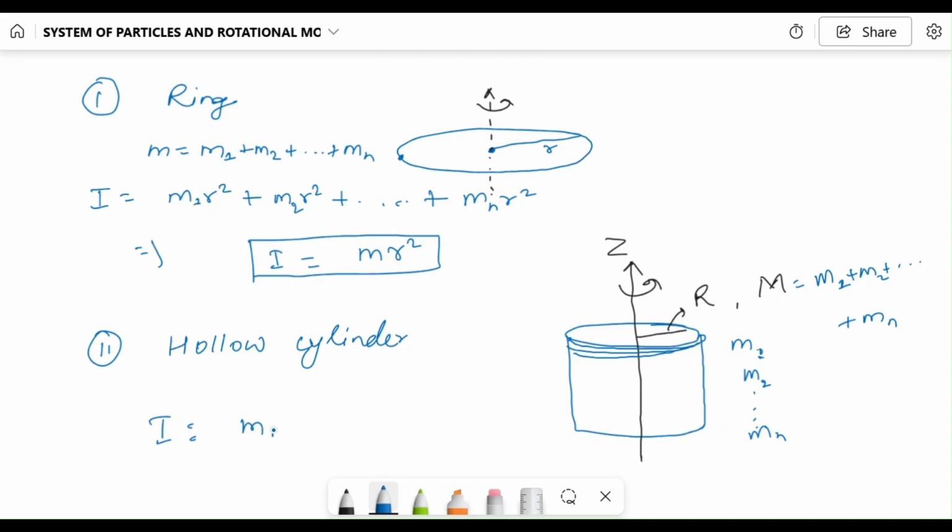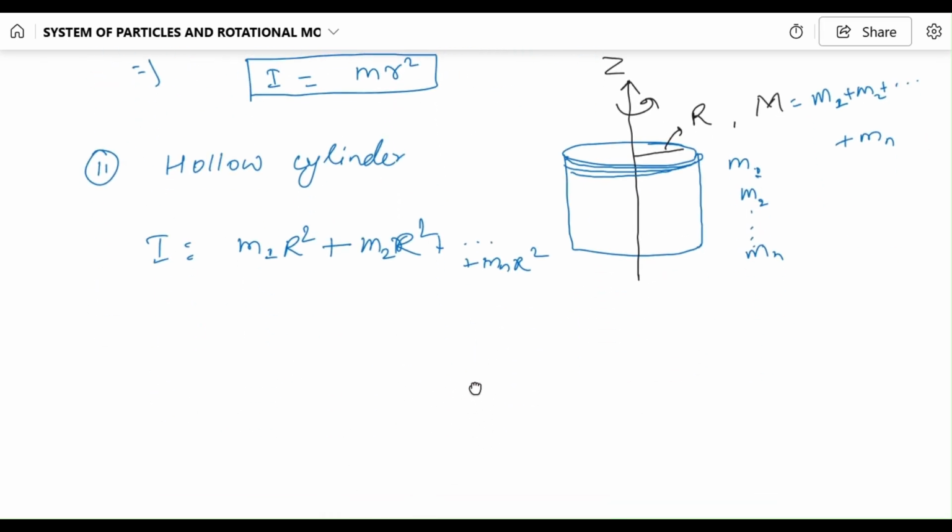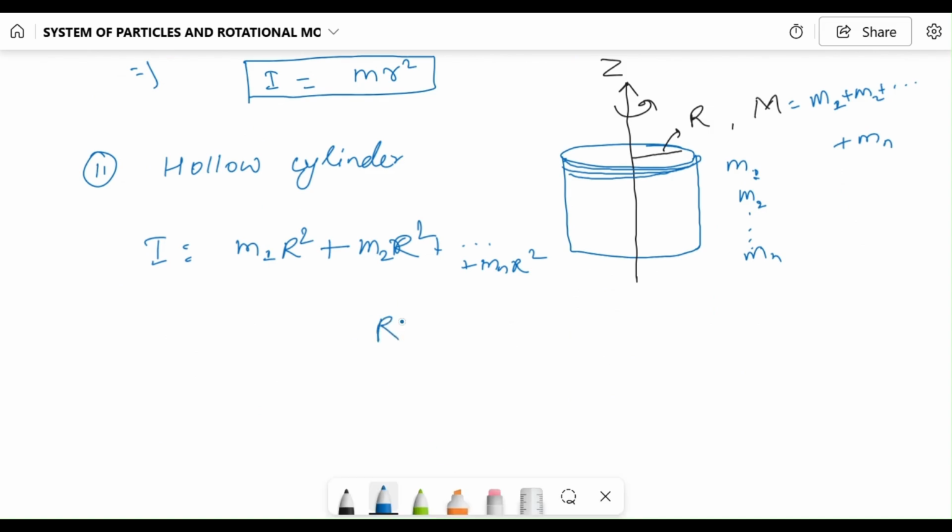So we will have m1 r1 square, and r1, r2 all are capital R actually, so no need to write it in a different way. We can simply write m1 R square plus m2 R square and up to mn R square. And again we can take this R square common, and then we will have m1 plus m2 up to mn. So this will be the total mass of this hollow cylinder.